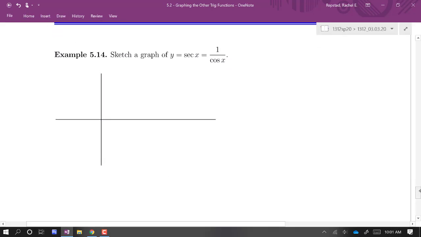So we'll do the same thing for secant here. We'll first draw cosine, which has a period of 2 pi. Cosine starts at 1 and goes down from there.